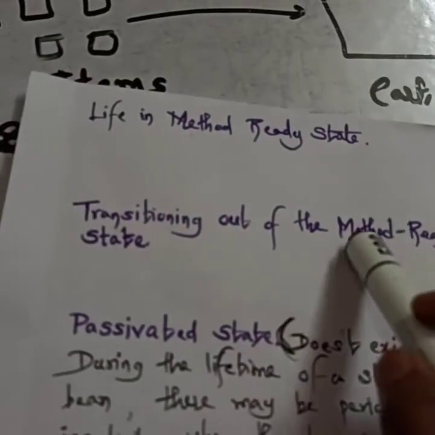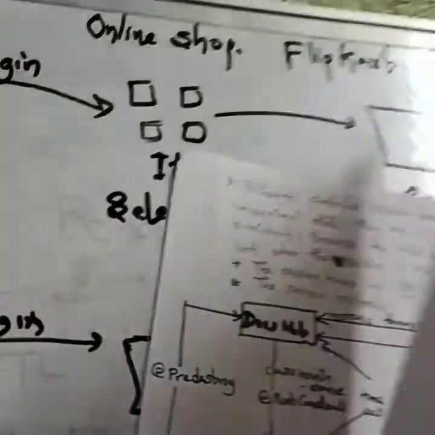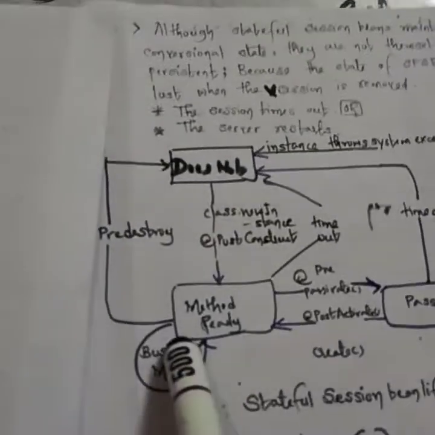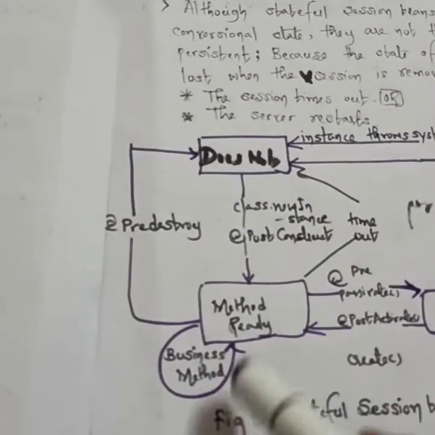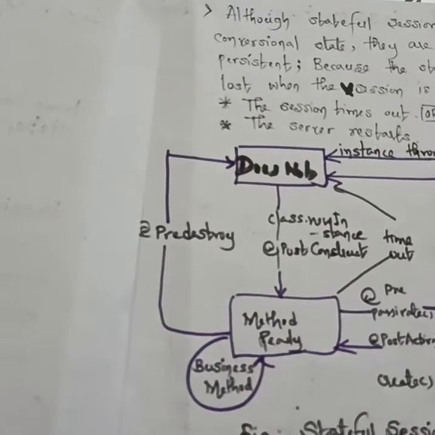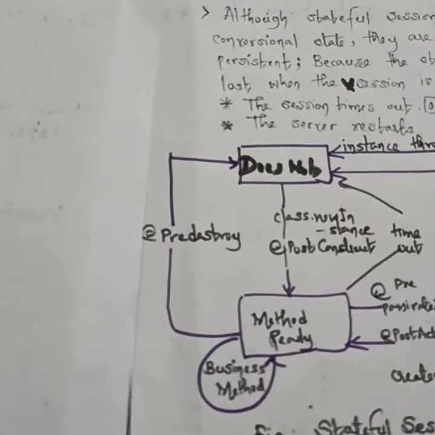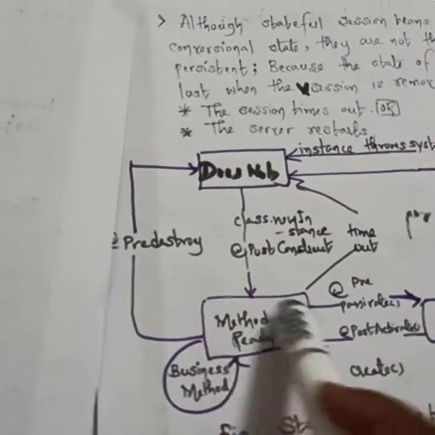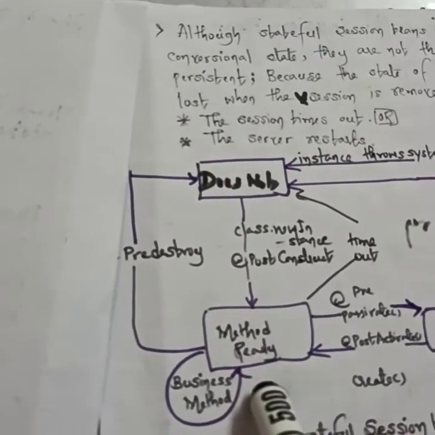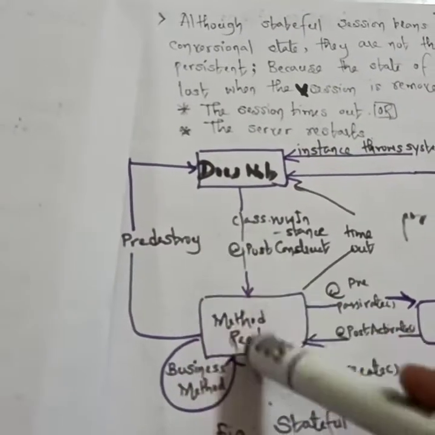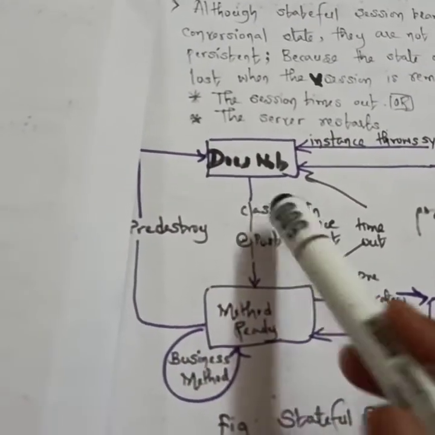Life in a method ready state means there are client invocations on the stateful session bean application. In that case, different instances are created, and depending on the ID, the service is provided to the clients.